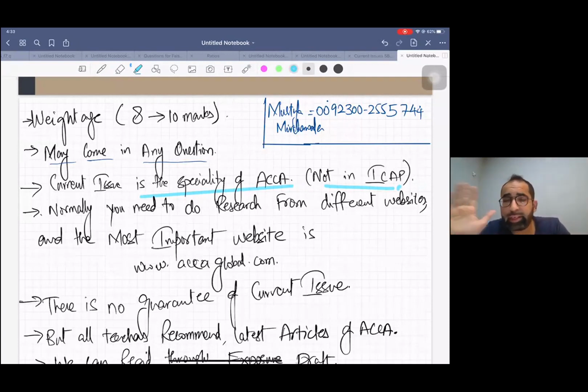They are not real standards. So that's why in other qualifications it's not tested, but ACCA prepares you for the future, right? I hope you have seen the logo of ACCA, think ahead. They see the future, they prepare you for the future. So that's why they have included this in your course.